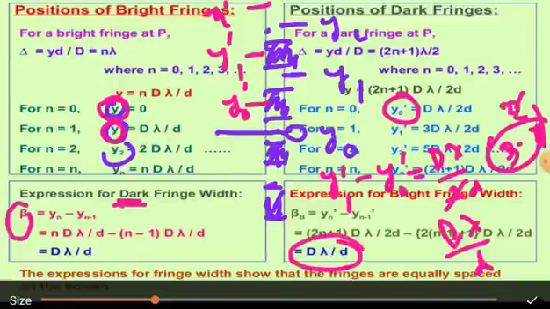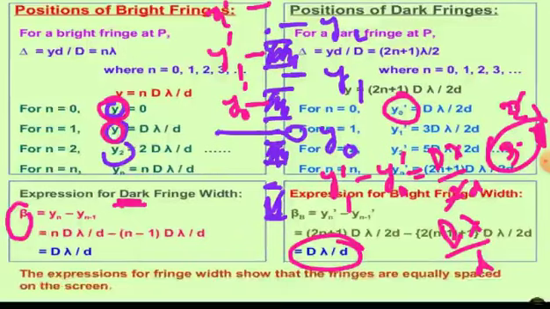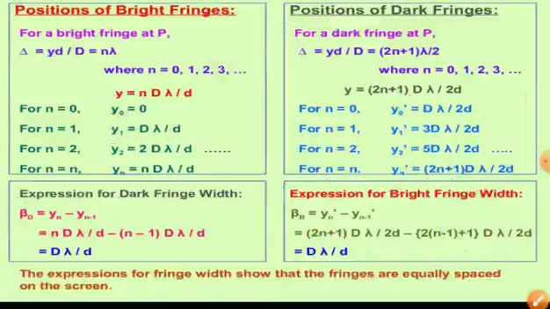So as I said, I'm repeating again, the width of the dark fringe will be given by the distance of any two consecutive bright fringes. The width of the bright fringes will be given by the difference of any two consecutive dark fringes.